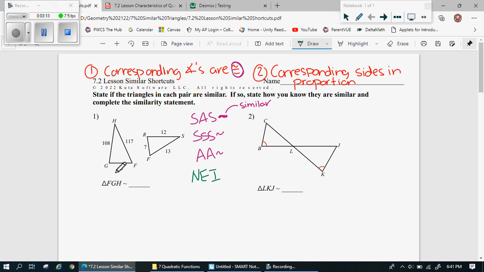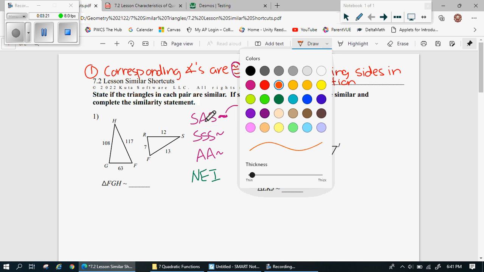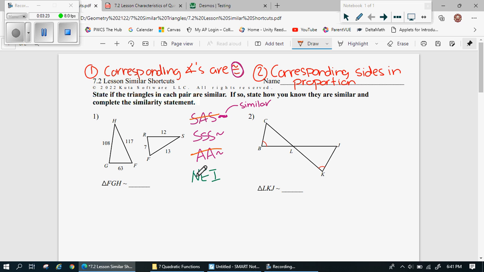I don't have any markings in any of the angles. There are no red arcs like I have over here to show that angles are congruent. So I'm going to straight away get rid of these 2 options that require congruent angles. And now I can check to see if the corresponding sides make the same fraction.